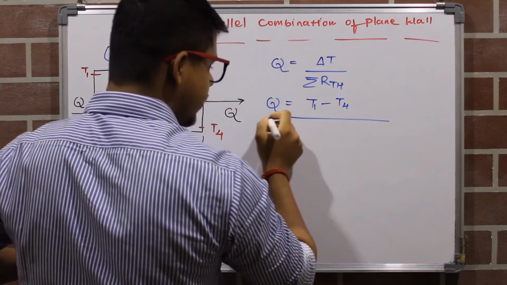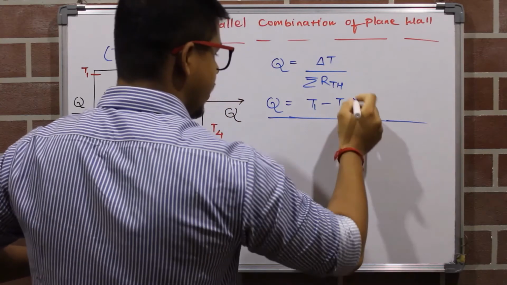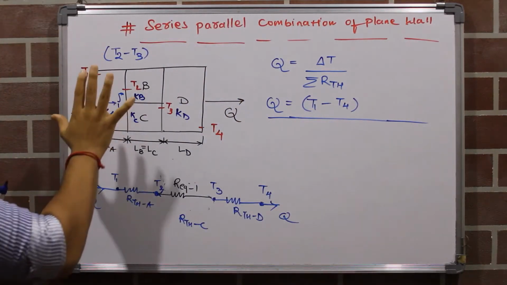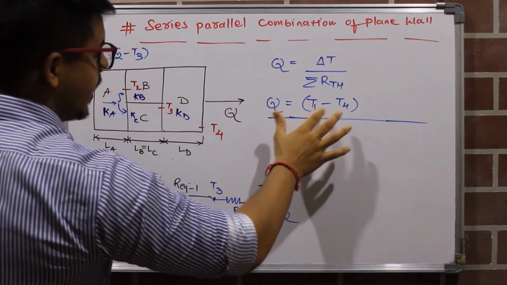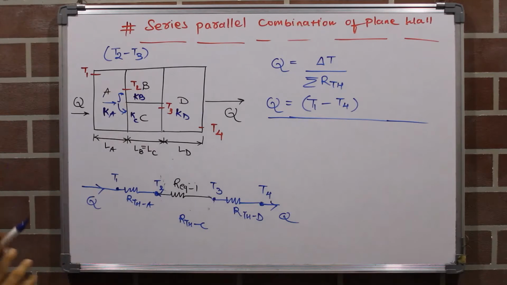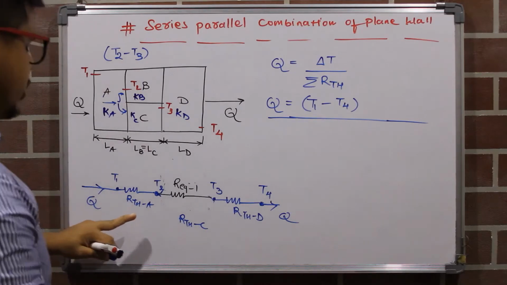Now what is the second step? The thermal resistances which are between the T1 and T4 temperatures, we will add all of them.